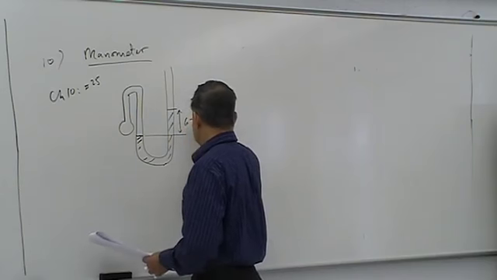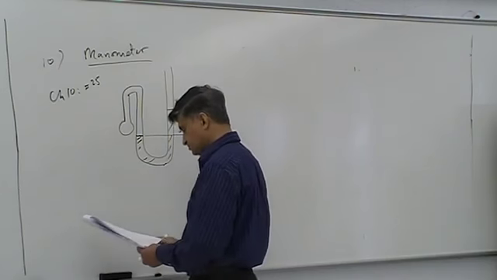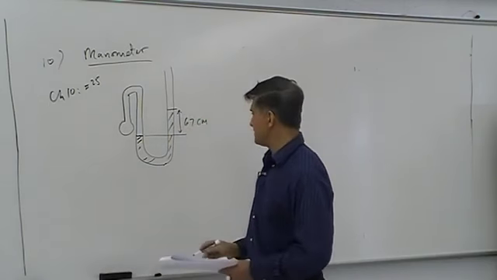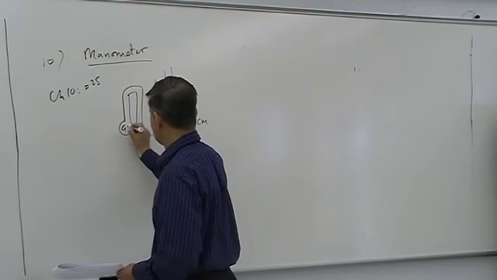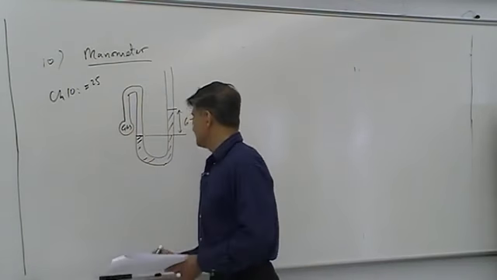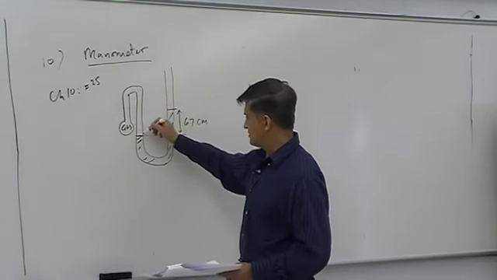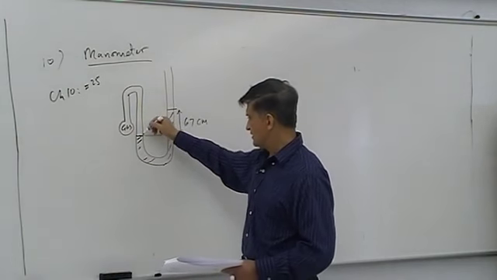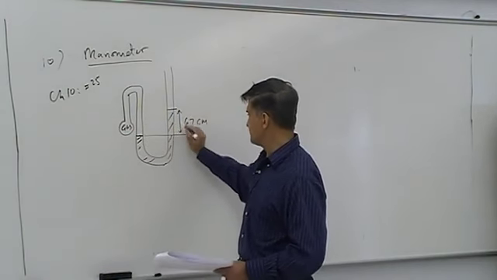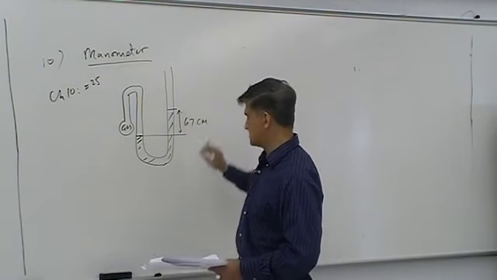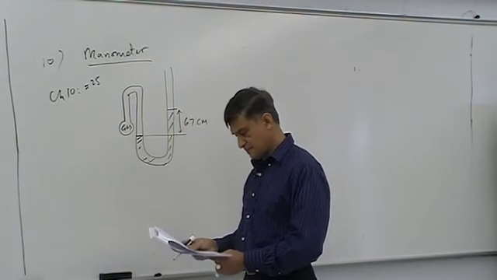This is 67 centimeter. This is called an open-end manometer. You have a gas sample here. It presses this column of mercury down here, and that goes up here. So there's a height difference of 67 centimeter.